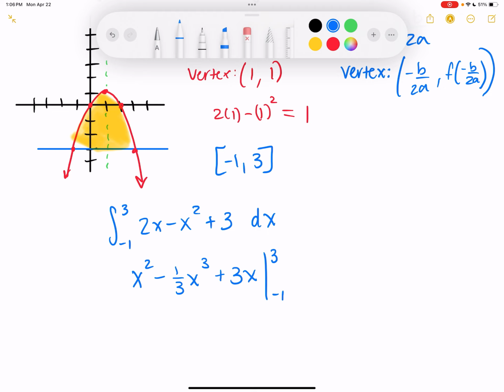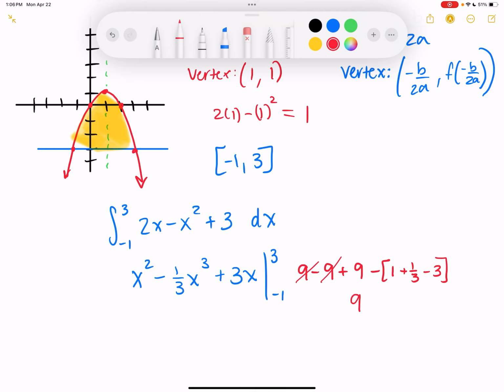So if I plug in 3, I'm going to get 9 minus 27 over 3. So 9 minus 9 plus 9, minus, plug in -1, that's going to be 1 plus 1/3 minus 3. So what is that, -2, was that -1 2/3?